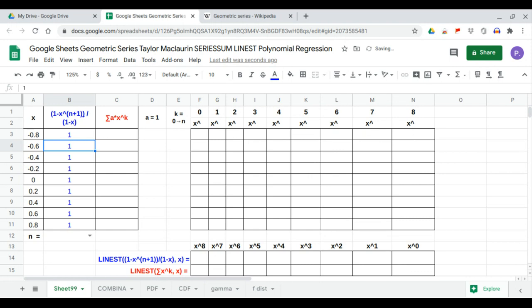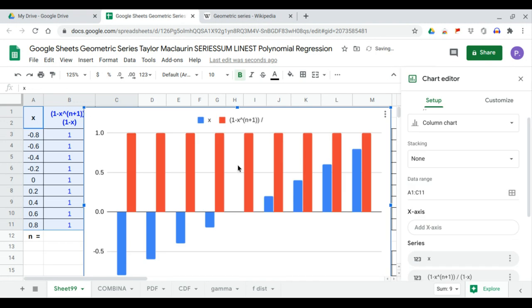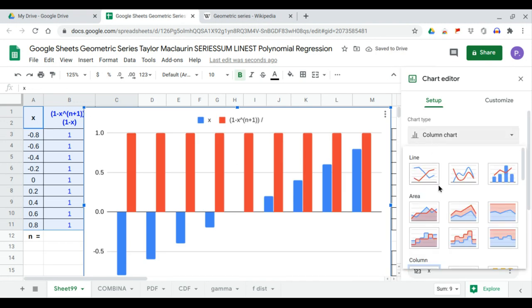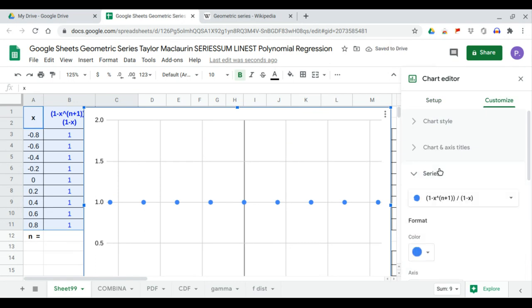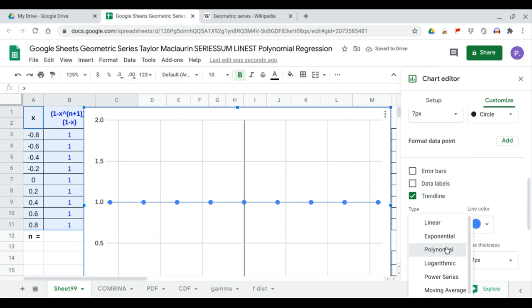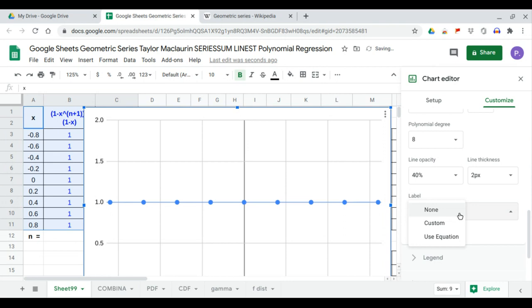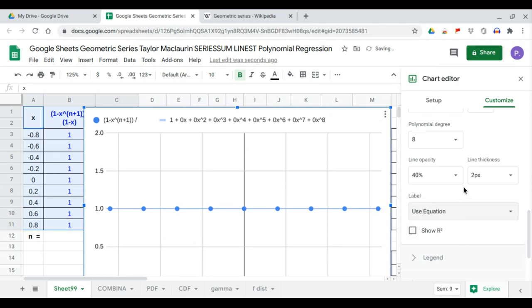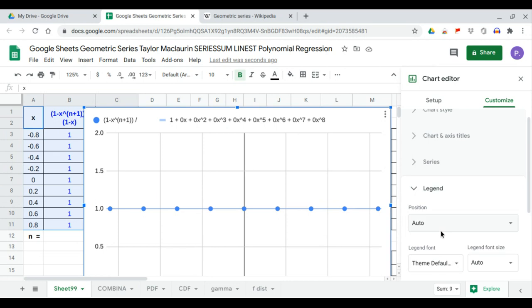Third, we chart this. We use the scatter chart and draw the trend line, and it should be polynomial to the 8th degree. Use this equation and put it on the left side.